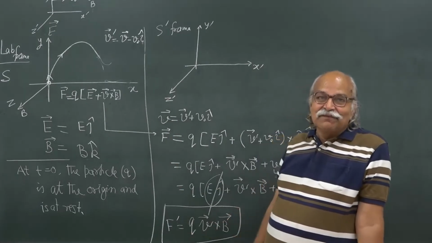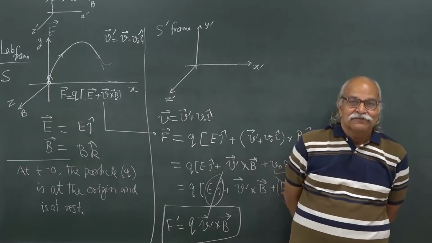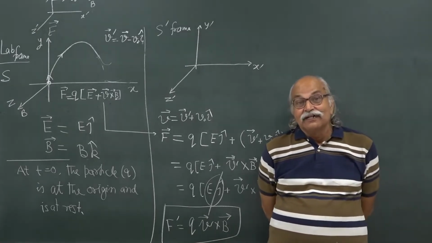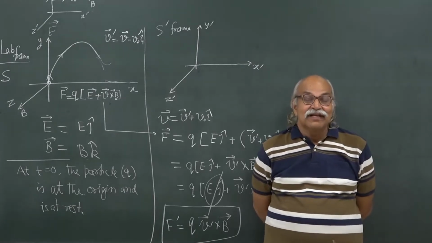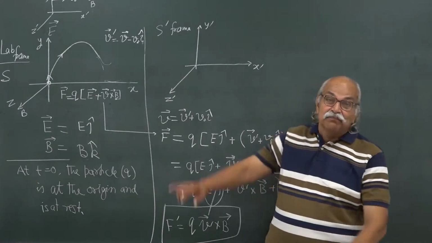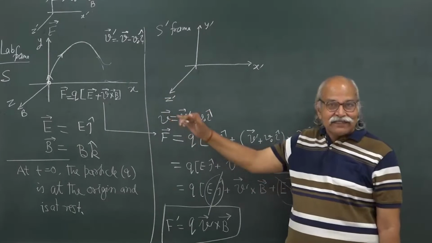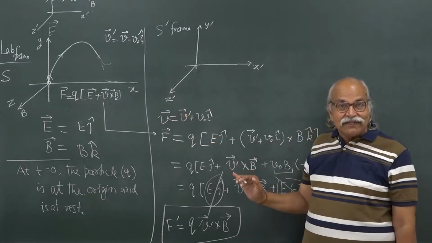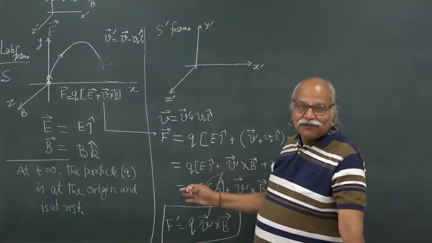So that great simplification comes with a great message also, that electric field is frame dependent, and similarly magnetic field is also frame dependent. In this particular case the magnetic field is independent of the frames S and S prime, but in general we have seen that the electric field is not the same.